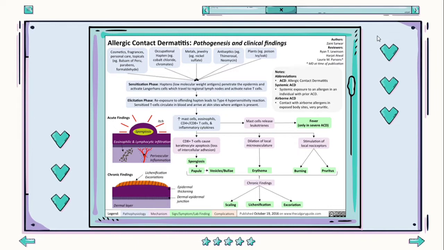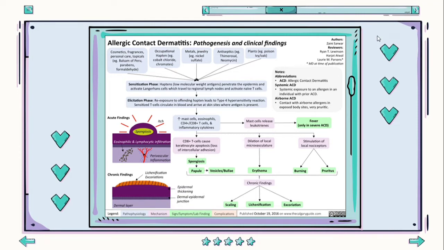The increase in CD8 T cells will cause keratinocyte apoptosis, or the loss of intracellular adhesions. Keratinocyte is also called the major cell of the epidermis, or the main cell of the epidermis, and apoptosis is also called the process of cell death.